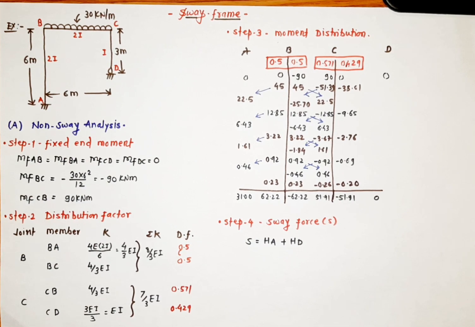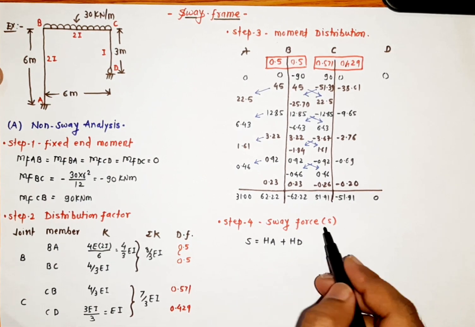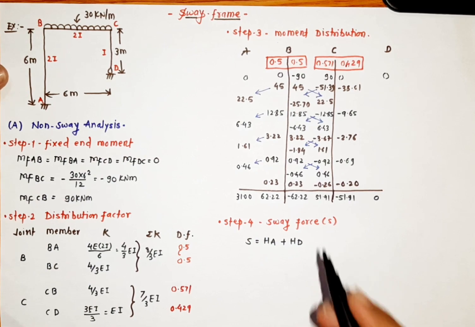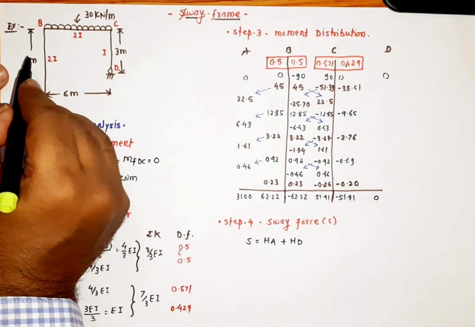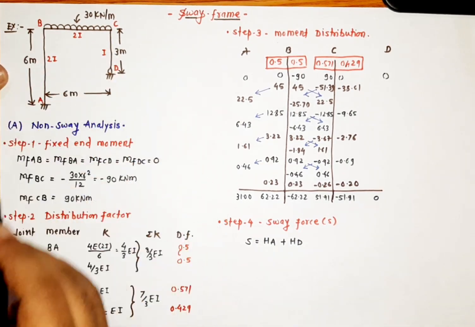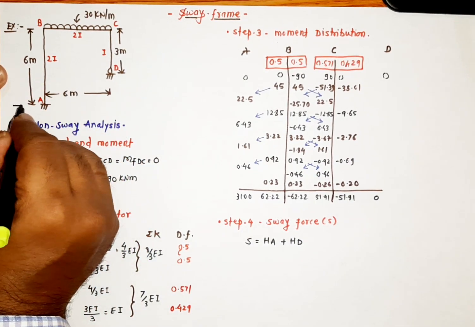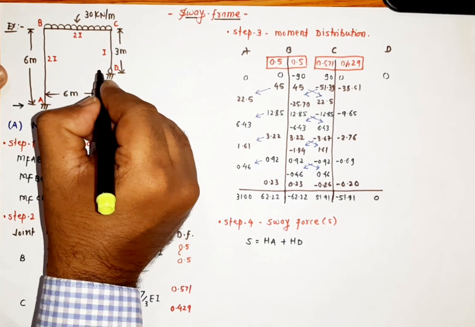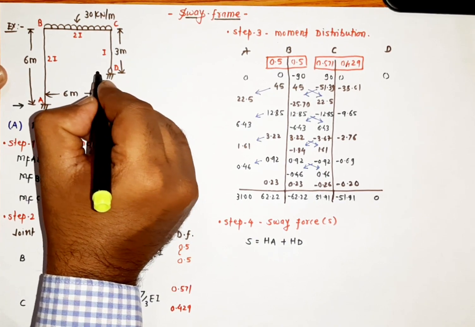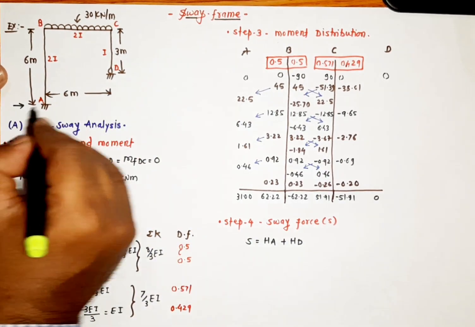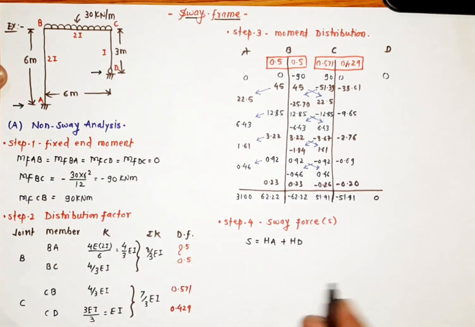Now our next step, step number 4, is the sway force. We want to calculate the sway force, but where will the sway force act? It will act on this column. Sway force is a horizontal force, so we can say that this is in this way, horizontal force, and that HA and HD can be calculated.